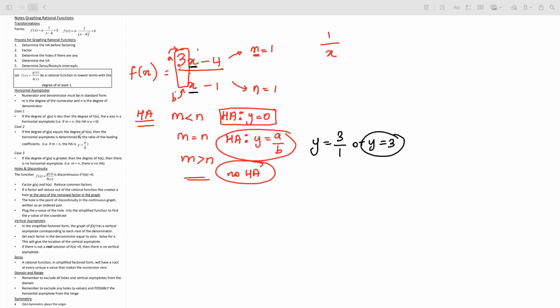Okay. Now, let me go ahead and see for holes and discontinuities. Shouldn't one of them be slant? Like, if the one on the top is greater than the one on the bottom, shouldn't it be slant? Yeah, there is no horizontal asymptote, ma. There is a slant asymptote. Oh, okay. Sorry.